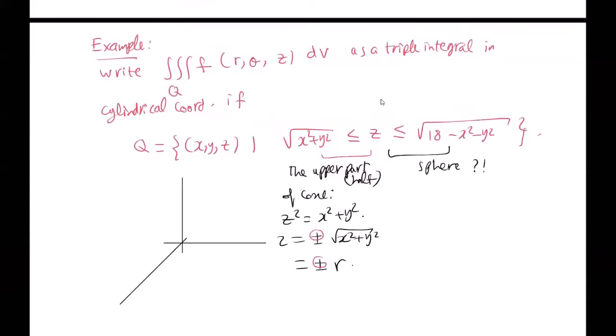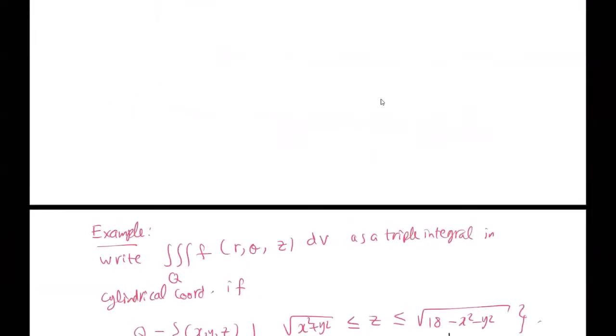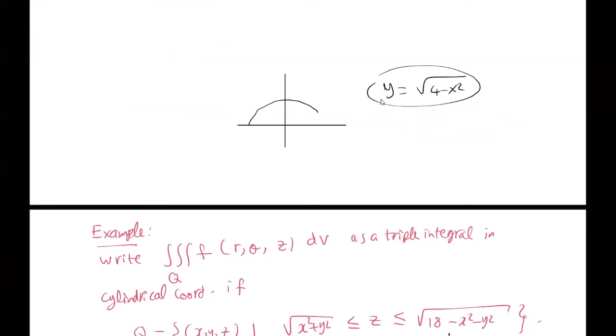Once more, if you are given y equals square root of 4 minus x square, this is a function of one variable. What is this? Upper semicircle. Why do you know it's an upper semicircle? Because it is a positive square root.